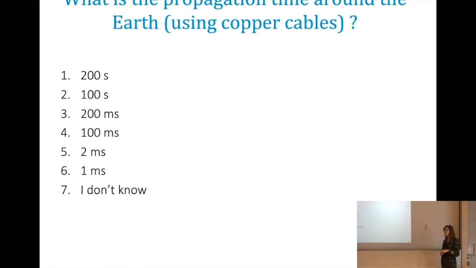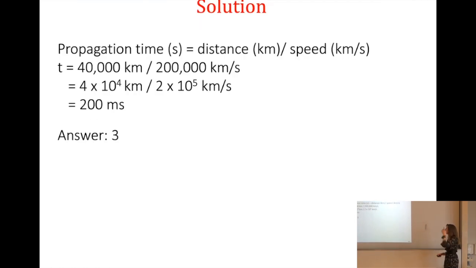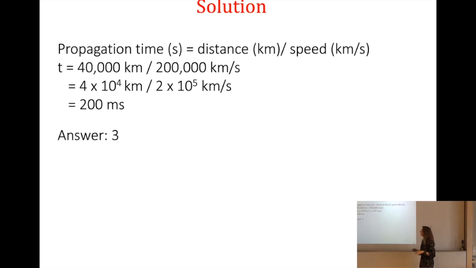Who thinks it's answer 1? 2? It was too hard for you? Okay. Does someone have an answer? No. Okay. So the propagation time is the distance divided by the speed. Maybe you were lacking some input for the size of the Earth and everything. But anyway, this is the formula that you typically use. So the answer was 200 milliseconds.